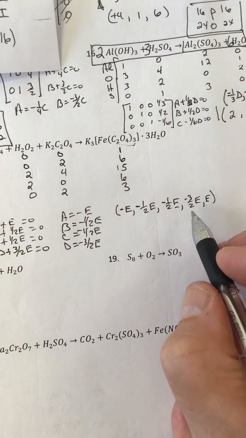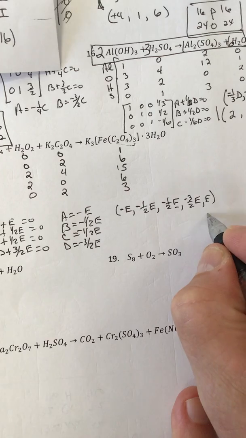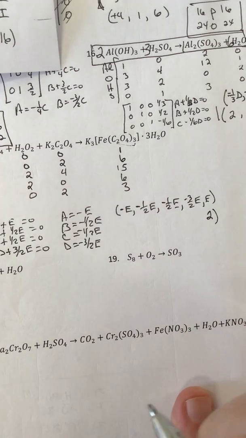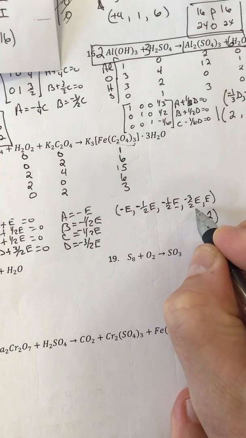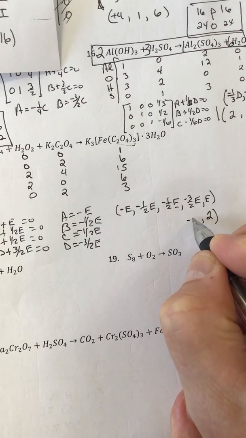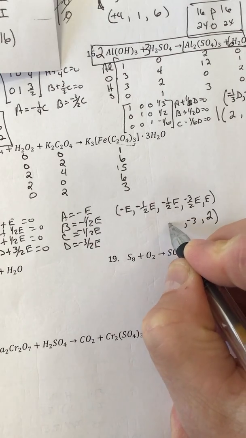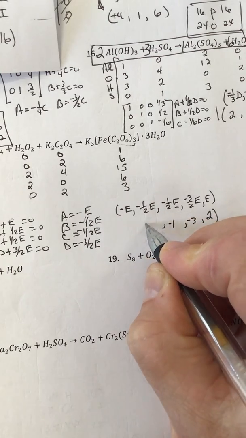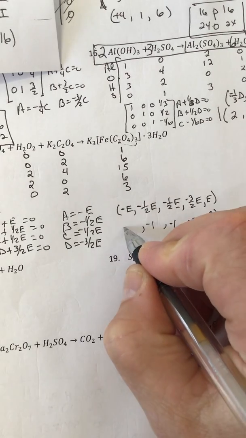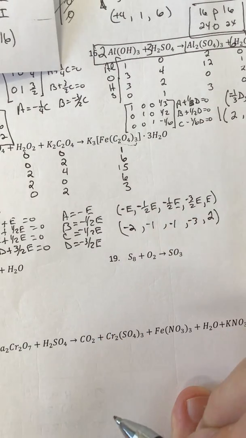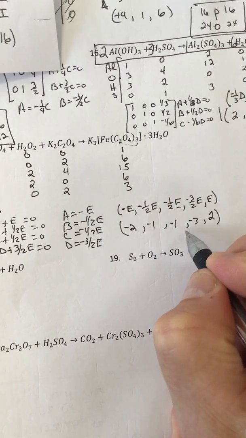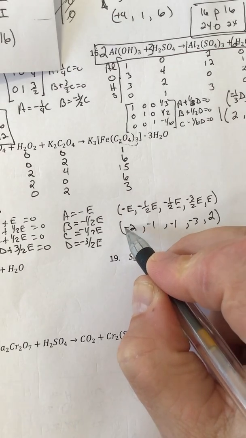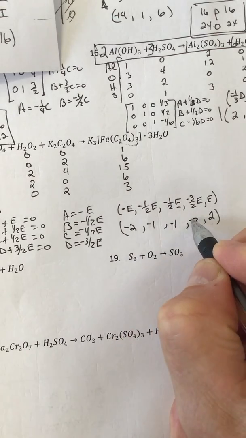Okay, well, let's see. It looks like I need to pick E as 2, and all those fractions will become whole numbers. So that's going to make this one negative 3. It's going to make this one negative 1. It's going to make this one negative 1. It's going to make this one negative 2. Now, all those negatives means is they're on the other side of the arrow, the balance arrow, as this one. So I don't really care.